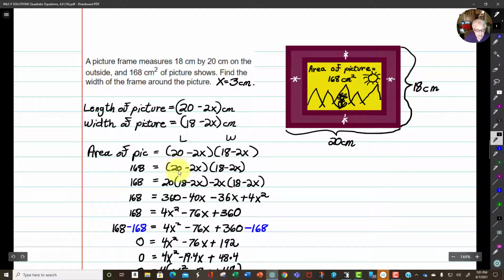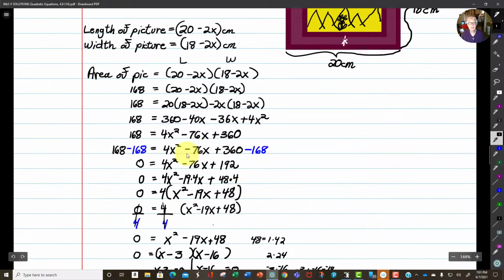Take the 20 right here and multiply it by the second set of parentheses. And then take the minus 2x and multiply it by the second set of parentheses. Work all this out, combine your like terms, and then subtract 168 from both sides of the equation. That's the zero principle.